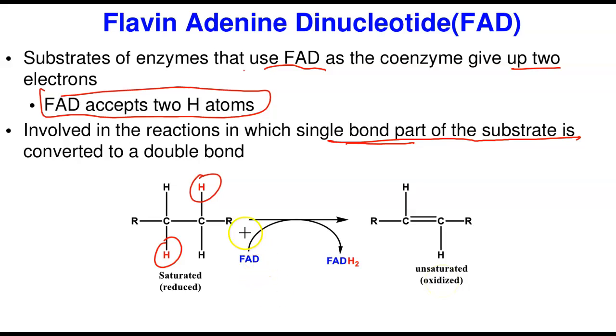It goes to this guy. Both of these hydrogens go to this guy to become FADH2, the reduced form. And this is the oxidized form. This is exactly how FAD, or flavin adenine dinucleotide, performs its role in metabolism.